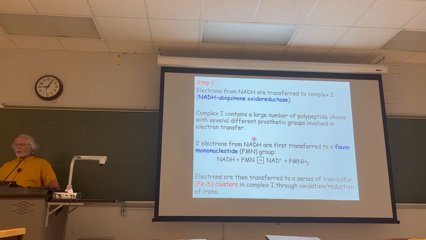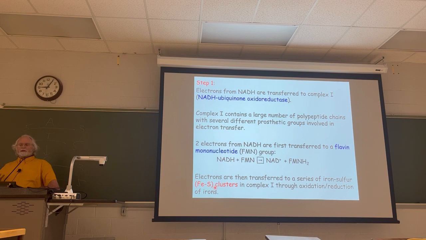Complex 1 contains a number of prosthetic groups that participate in the electron transport. The first one of those is a flavin mononucleotide. So electrons are transferred from NADH first to this flavin mononucleotide to reduce it. Then the electrons are transferred from the flavin group to some sets of atoms in complex 1 called iron sulfur clusters.